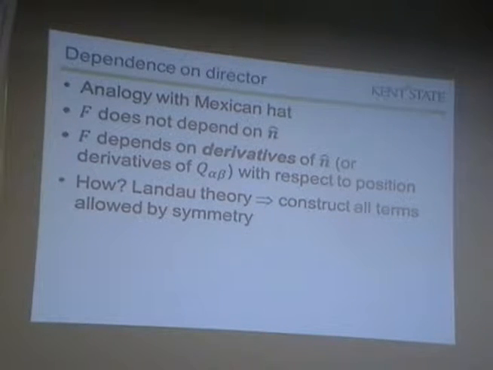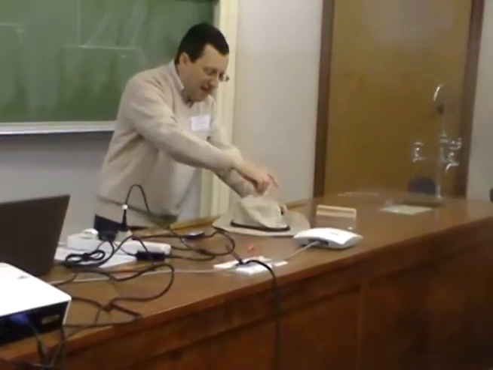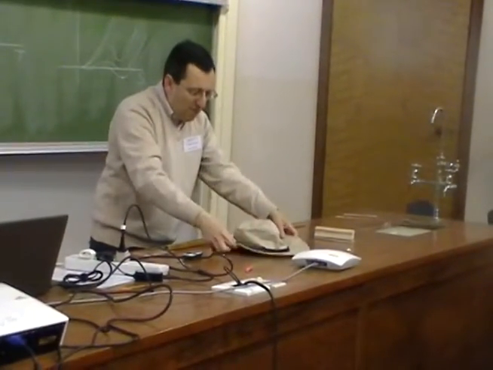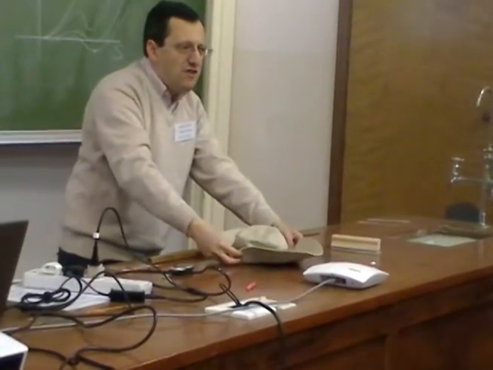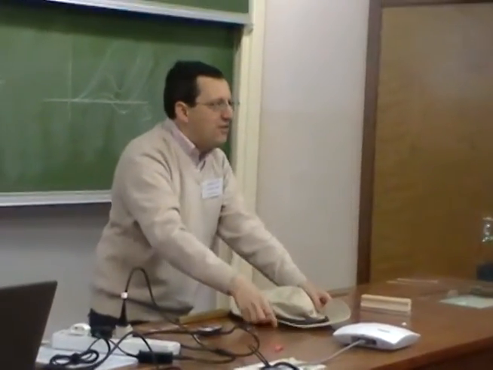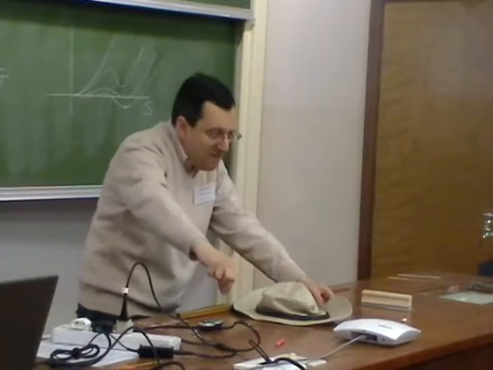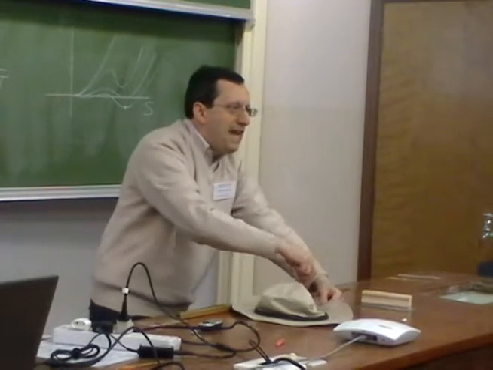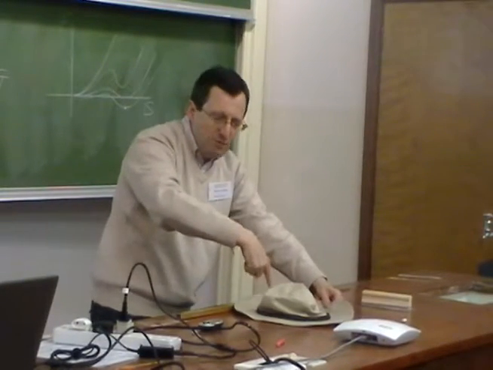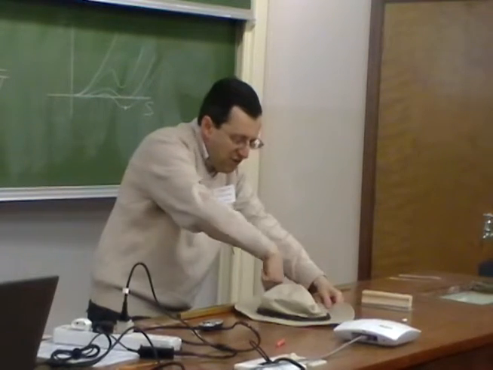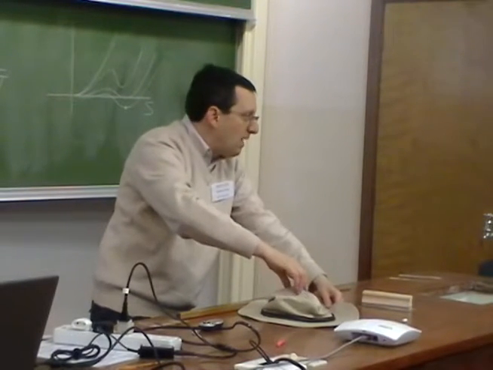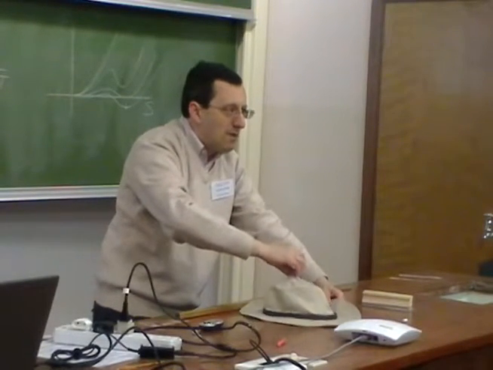Okay, so this is a three-dimensional plot, right, where the z-axis is free energy, okay, and then the horizontal plane, right, represents the order parameter space, right? So going out from the center is the magnitude of the order parameter, and coming around this way is the orientation of the order parameter, right?